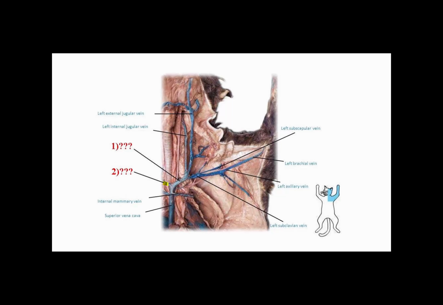For number 2, you would have to say right brachiocephalic vein. And then over here is the vertebral. Hanging off the superior vena cava would be the one singular internal mammary vein, which is difficult to see on this picture. I have a better picture of it for you in just a moment. And up here again is the transverse scapular vein.